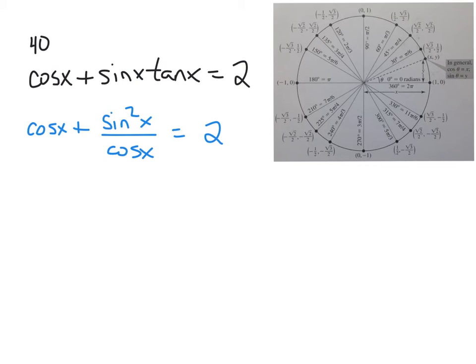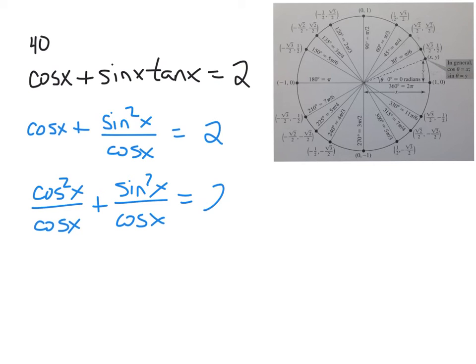And so now we could get a common denominator of cosine, and that would mean that this is cosine squared of x over cosine of x plus sine squared of x over cosine of x. And this is looking pretty right now.